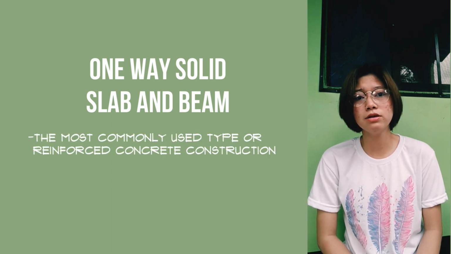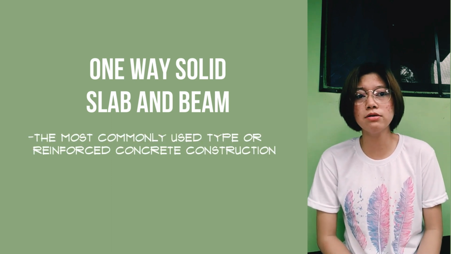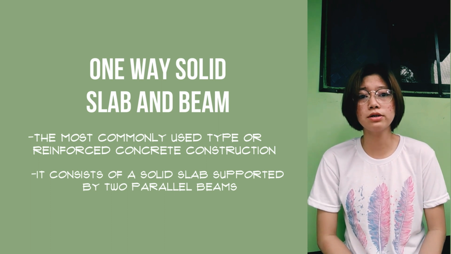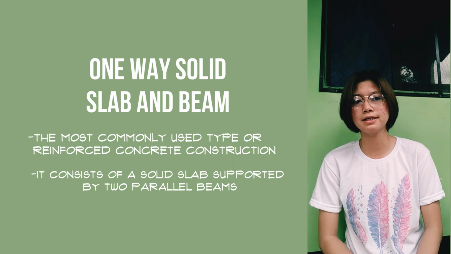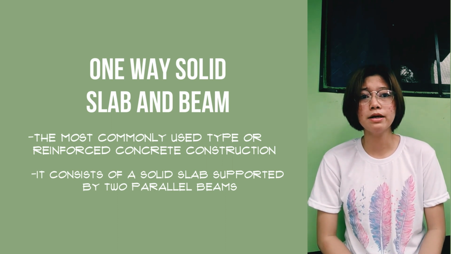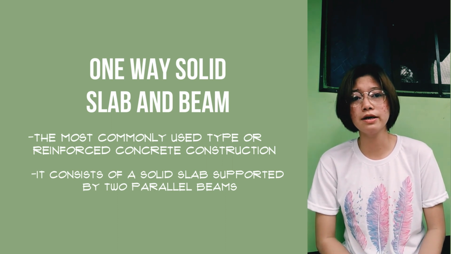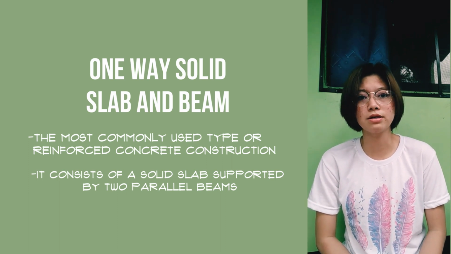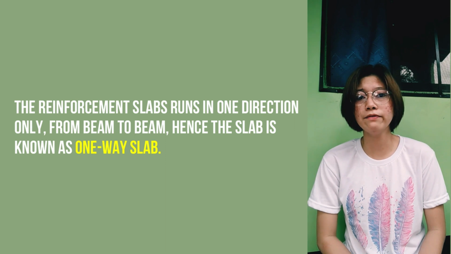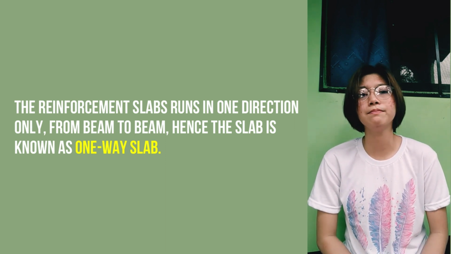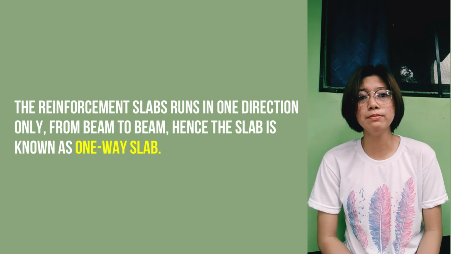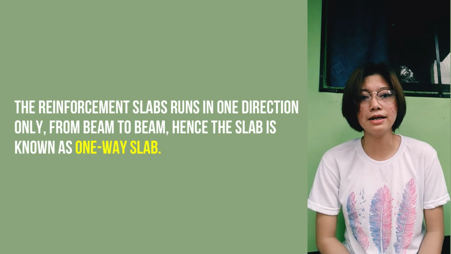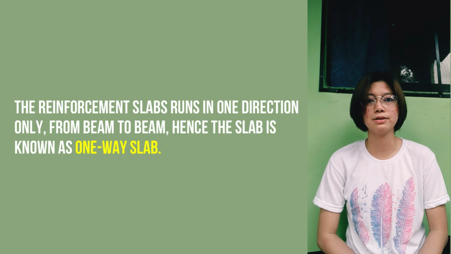Probably the most commonly used type of reinforced concrete construction consists of a solid slab supported by 2 parallel beams. The beams frame into girders and the girders into columns. The reinforcement in the slab runs in one direction only, from beam to beam, hence the slabs are known as one-way slabs.